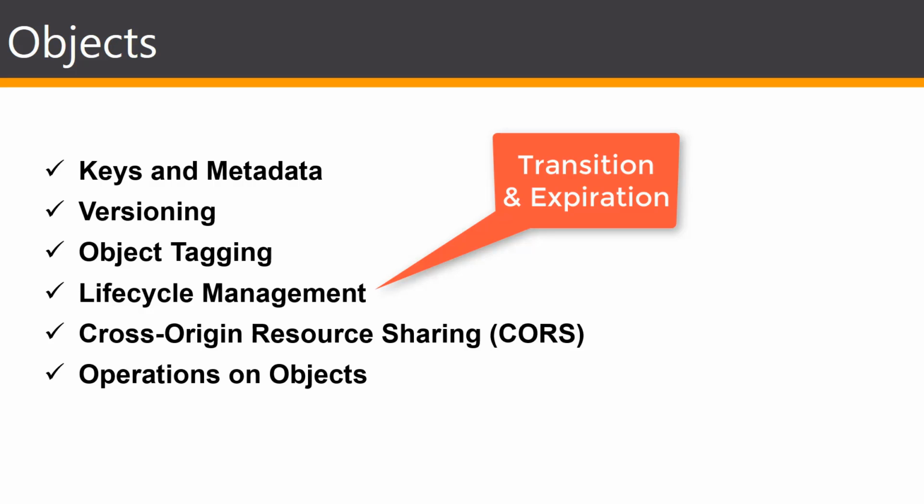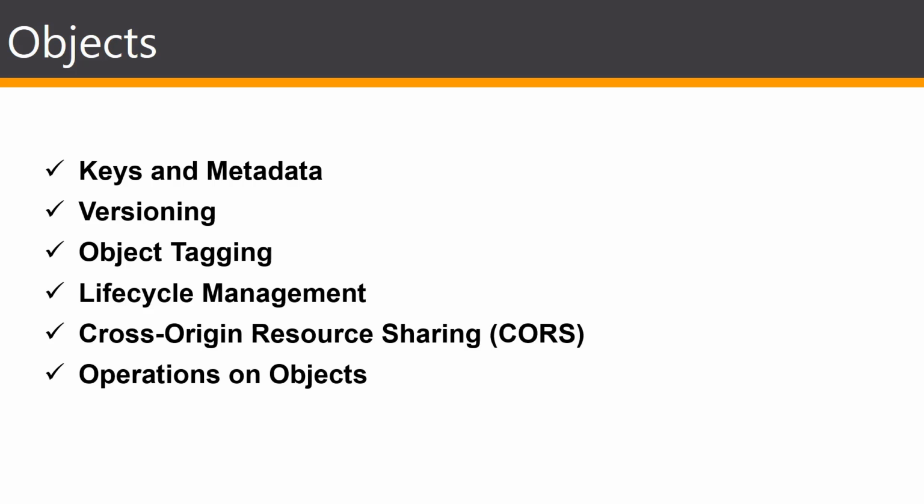In transition, we define when objects transition to another storage class. For example, you might choose to transition objects from a standard storage class 30 days after you create them, or archive the objects to Glacier storage class 1 year after creating them, or 60 days after creating them, depending on your business case. The expiration actions define when objects expire, and S3 deletes expired objects on your behalf.